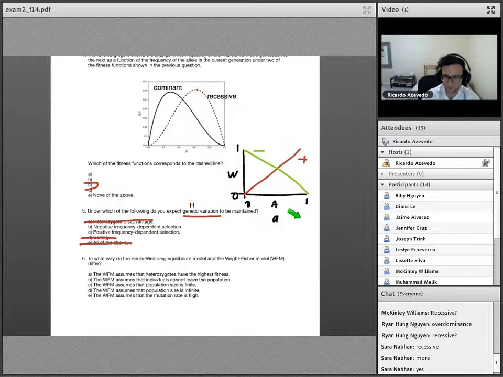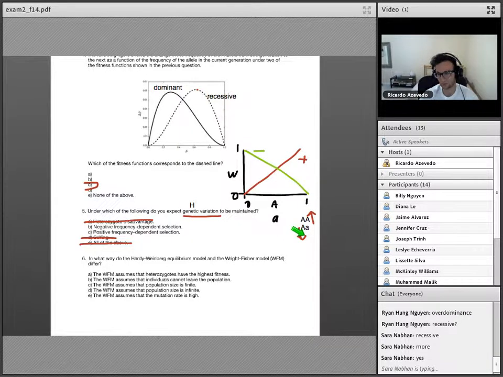There is no reason for selection to select for heterozygotes, right? So capital A is going to increase, and capital A, lowercase a is going to decrease. So in the positive case, heterozygotes are going to decrease. In the negative case, though, heterozygotes are not going to decrease, because as one allele becomes more prevalent, its fitness advantage.